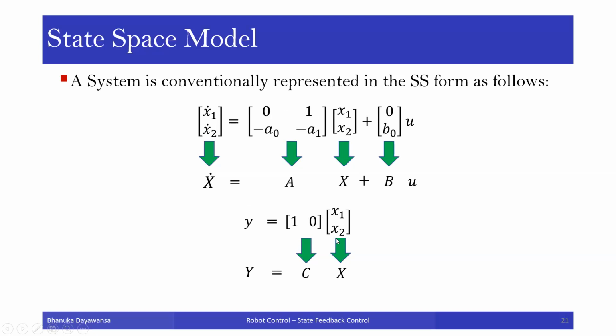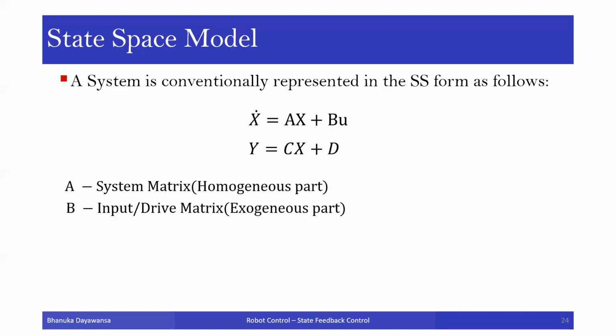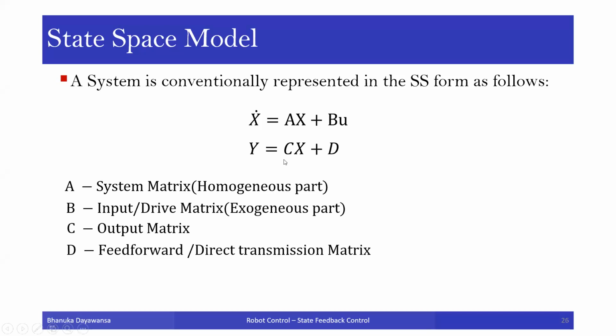If I want to observe x2, I put 0, 1 here, right? So simply you can conventionally explain it like this. This is the system matrix, and that's the input drive matrix, or the exogenous part, or we call it the control matrix. We have the output matrix here, and D is the feedforward, the direct transmission matrix. You don't have to worry about that. That's always 0. Think of it like that.